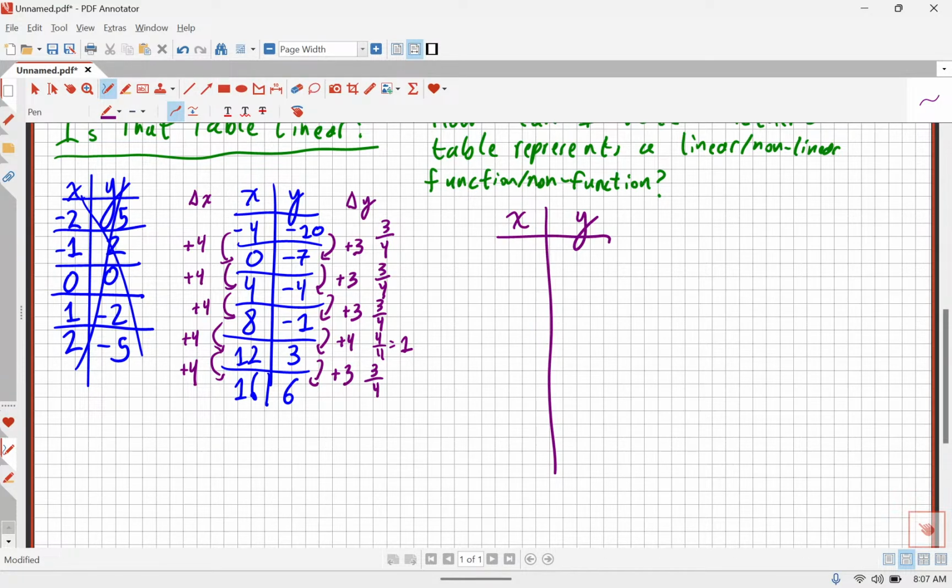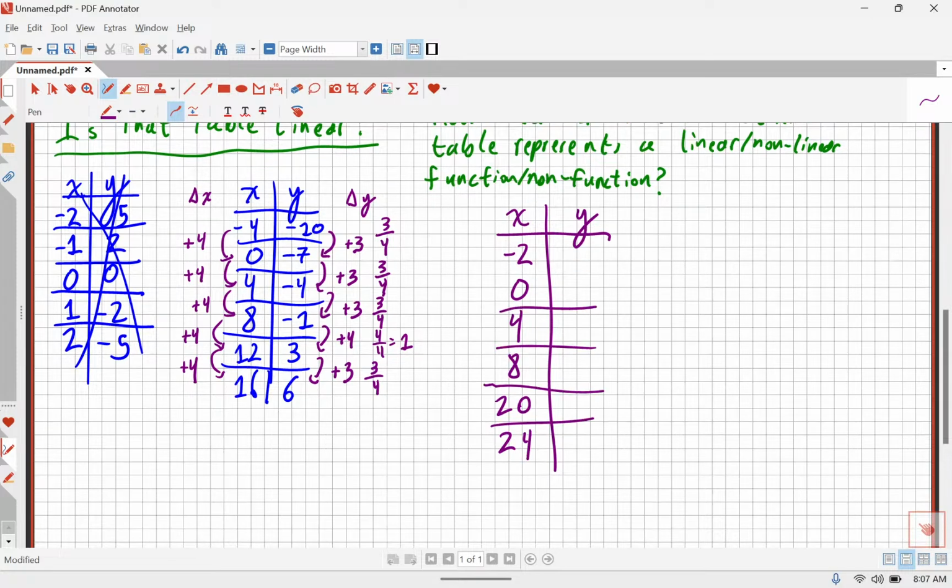The x's are -2, 0, 4, 8, 20, and 24. And the y's are 7, 5, 3, 1, -5, -7.